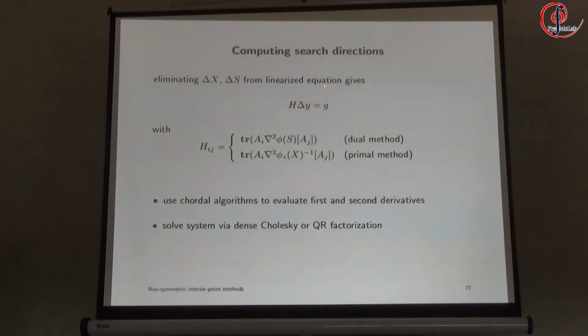At the end, you still have a dense system H to solve, because in general this will be dense, and you have to do it by Cholesky factorization. But you save on an expensive step in an interior point method, because sometimes the most expensive step is constructing this Newton system with the Hessian matrix, or the Schur complement system, rather than solving it.